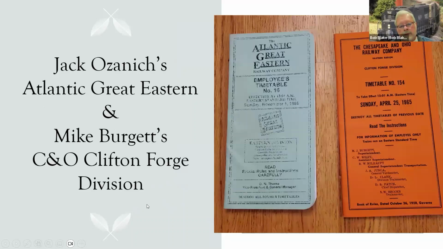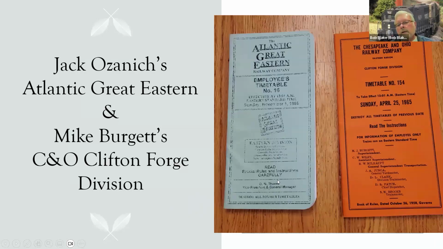Here are a couple of samples from model railroads, Jack Ozanich's Atlantic Great Eastern and Mike Burgett's CNO Clifton Forge Division. I've been lucky enough to operate on both of those, and the employee timetables contain an awful lot of information about the railroads, but they're written as if they were written for a real railroad.